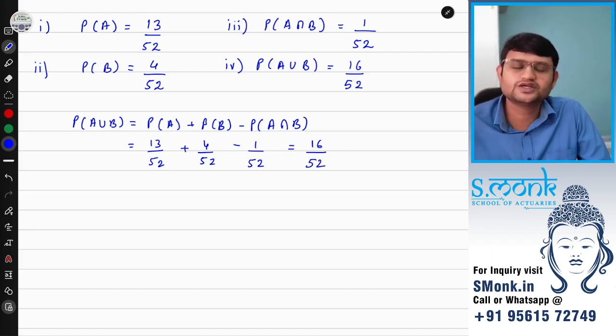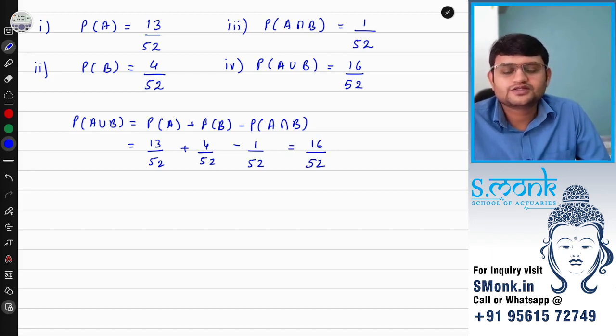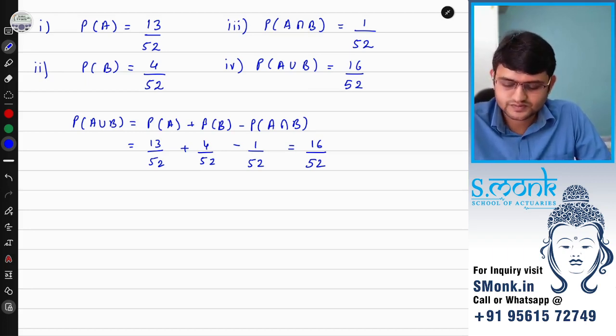That is why I did not find the lowest fraction. I just leave it as denominator 52. It's just easier for us to add and subtract. So you can see probability works exactly the same way as the sets would.